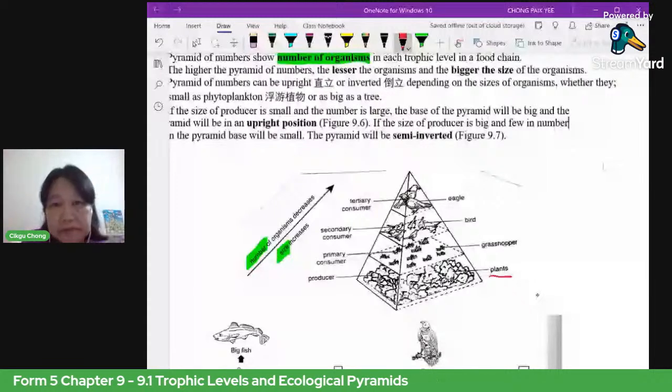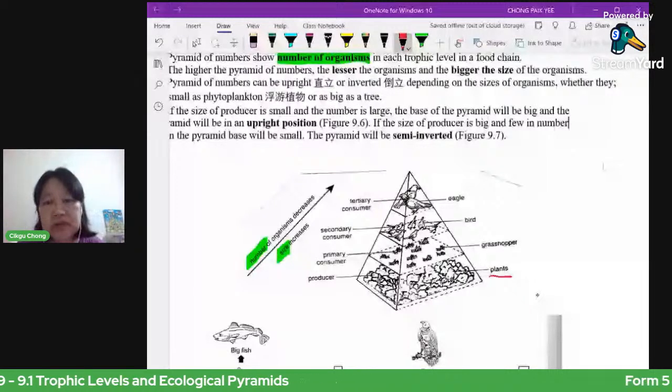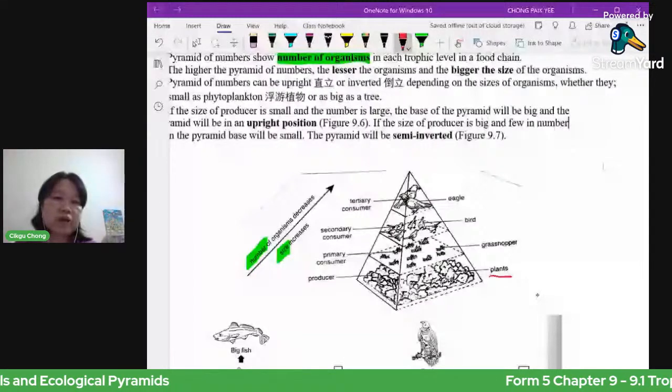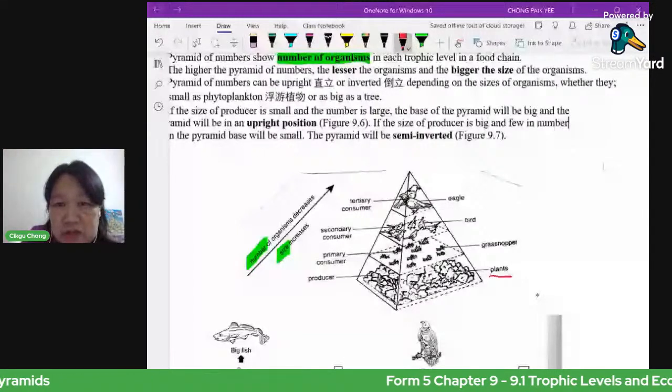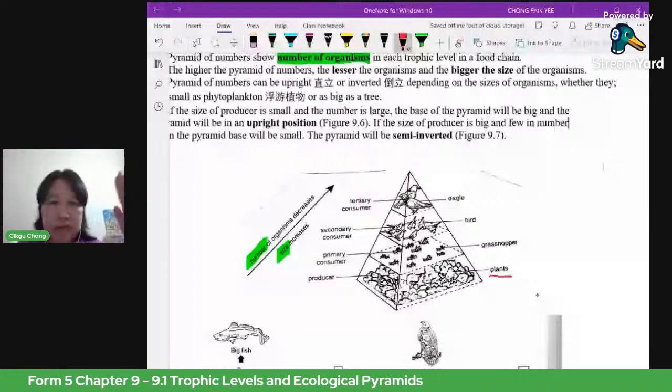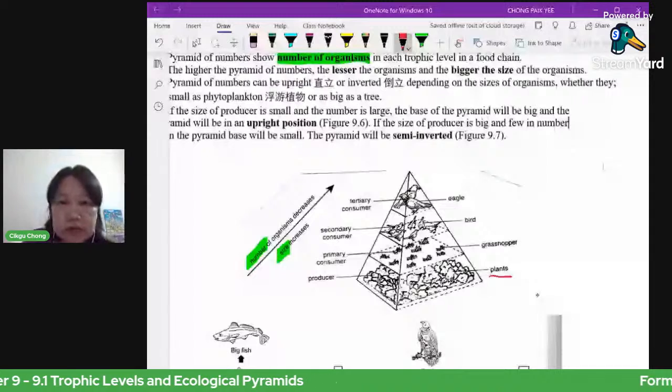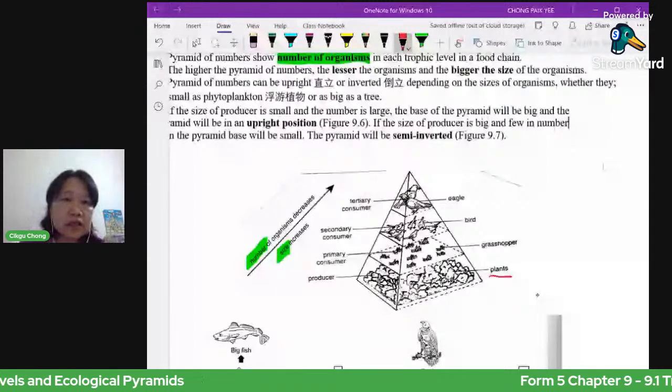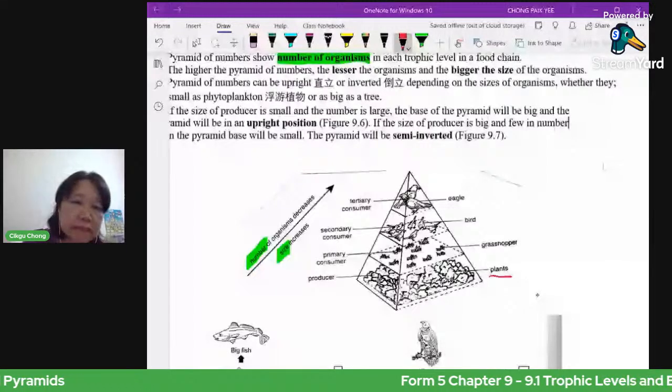And also maybe these 50 birds, you have, let's say, 5 eagles. Okay, you can see the number at the bottom is always more. As you go up to the apex or the top of the pyramid, you find the number of organisms decreases.